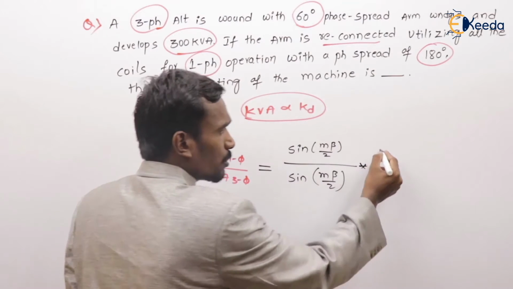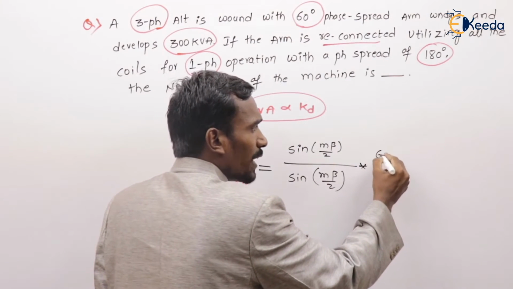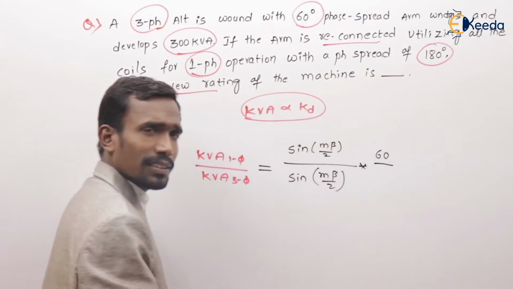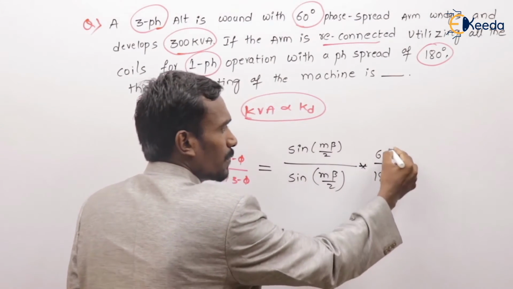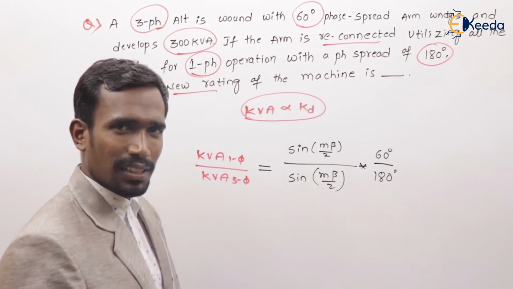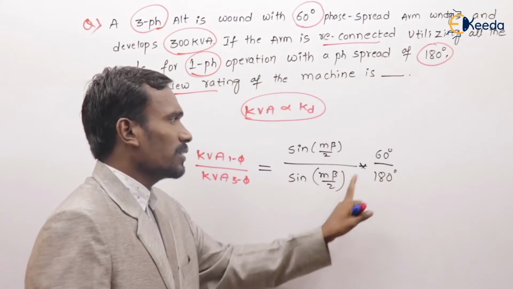Here we have to take 60 degrees for three phase, 180 degrees for single phase. After calculating, we can get these values.